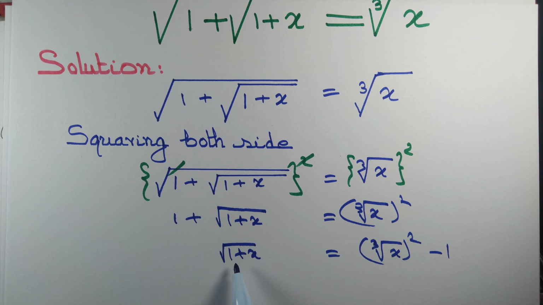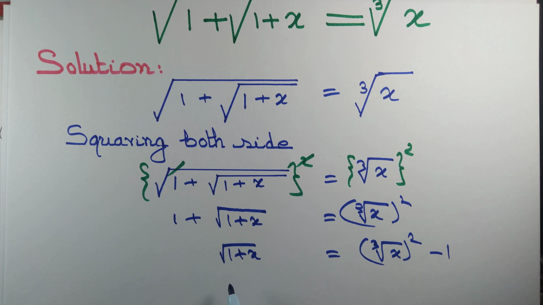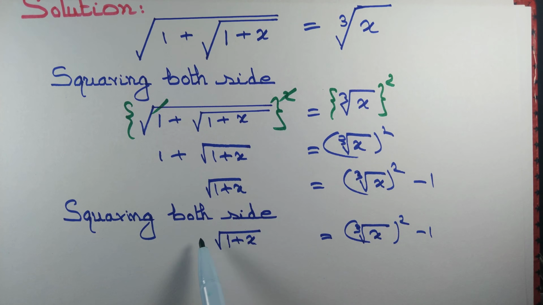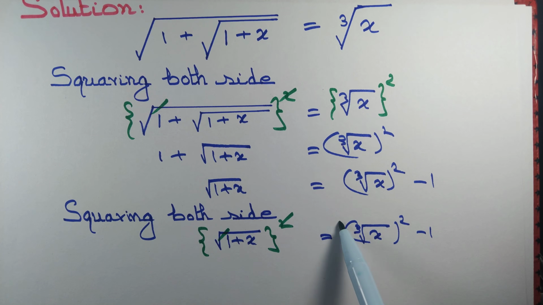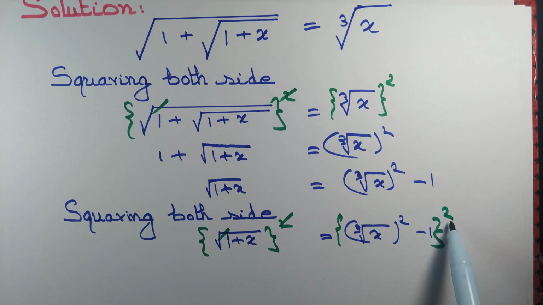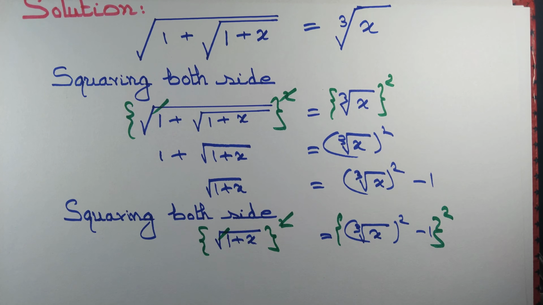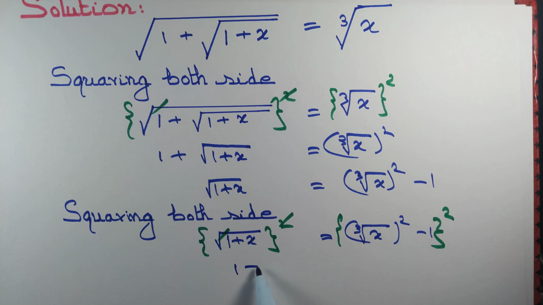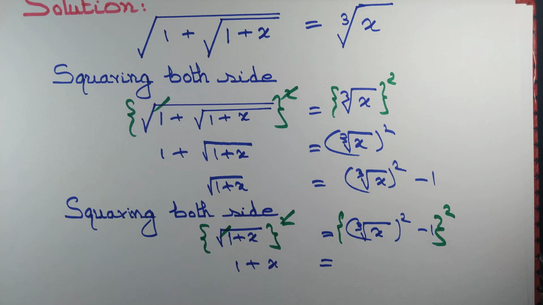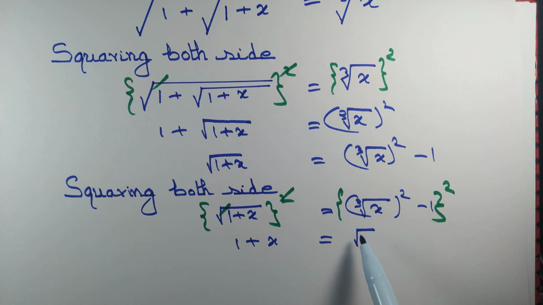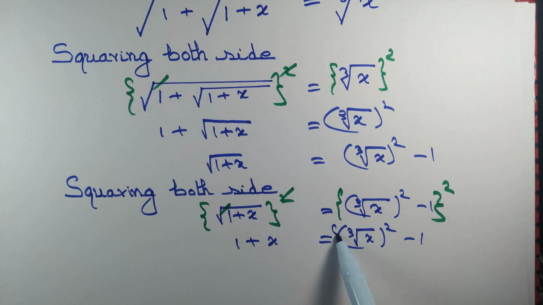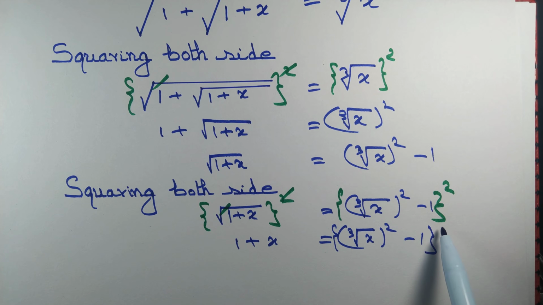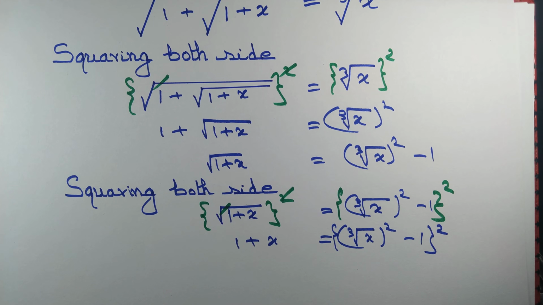Again, if we want to remove this root, we need to square it. So when we square both sides, again root and square will get cancelled, and we obtain 1 plus x equal to cube root of x whole thing square minus 1, again whole thing square.